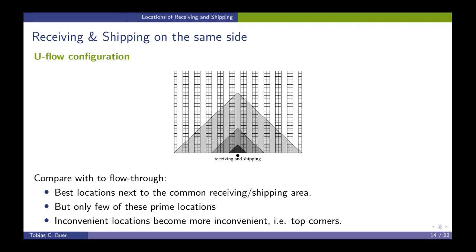So we have only a few locations that are really excellent in terms of convenience. They are even more excellent compared to the flow-through configuration, because now receiving and shipping are both very close together.